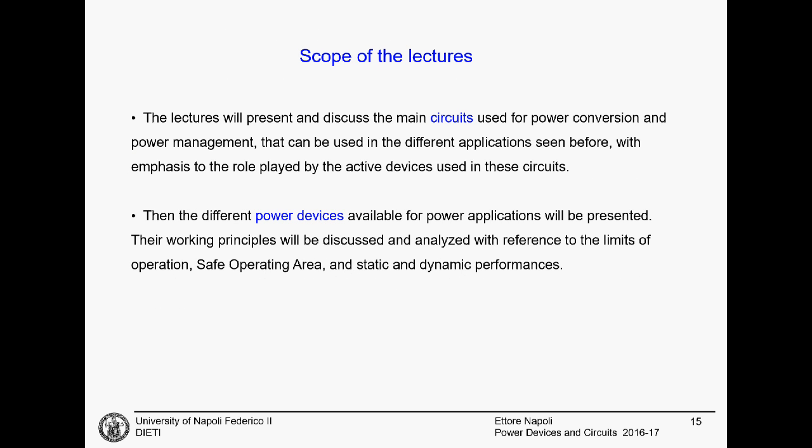What are we going to study? We are dividing our lectures into two fields, and let's say three because the lab is not listed here. We will discuss and study the main circuits for power electronics.